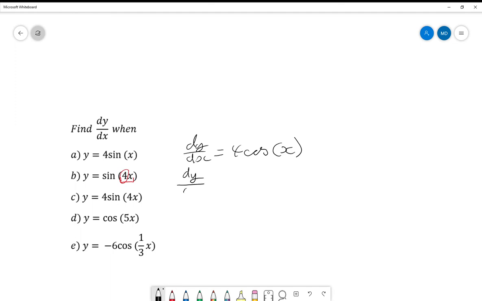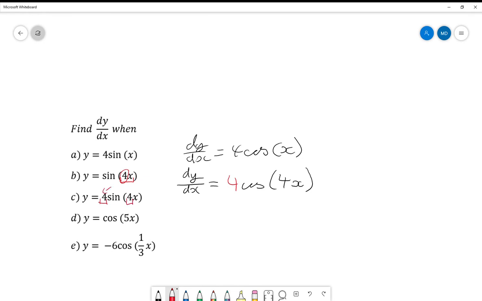So we get dy by dx is equal to 4 cosine of, and our variable actually hasn't changed, so it's cosine still of the 4x. So our 4 gets repeated. Now for c, we've got 2 4's here.